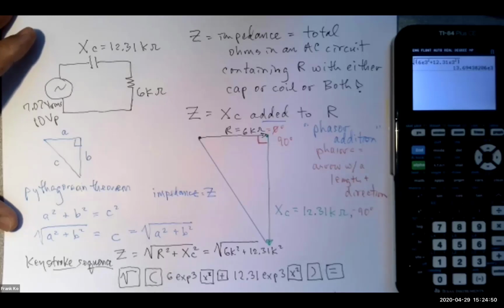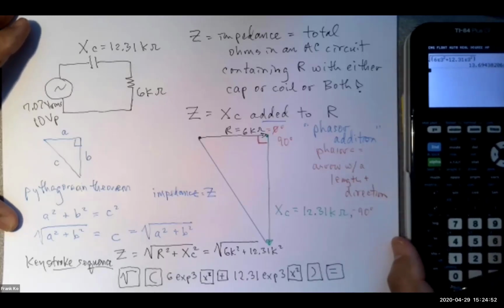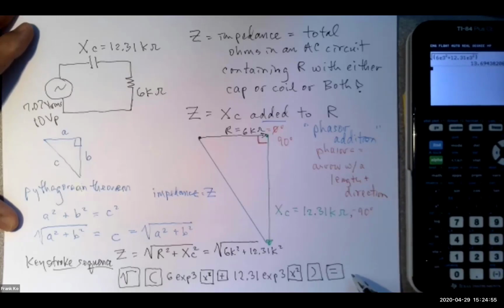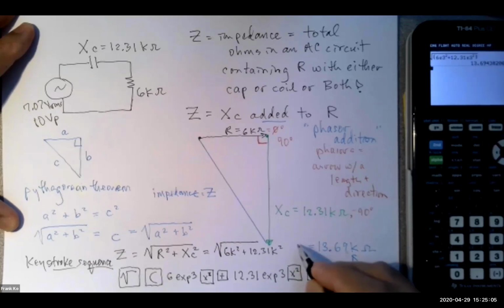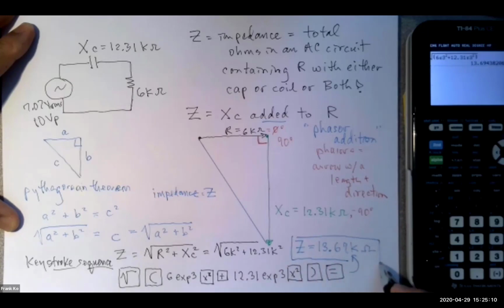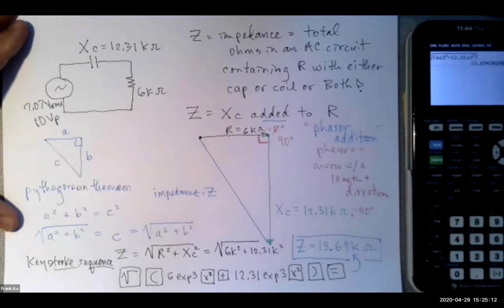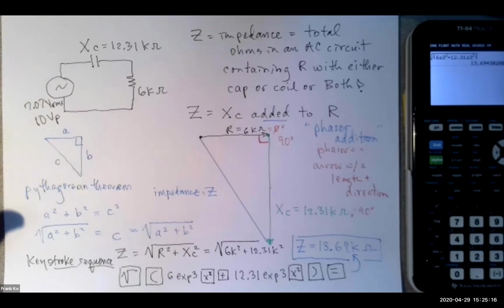This keystroke sequence gives me 13.69 kilo ohms, and this would be equal to Z. And how is that significant for us?